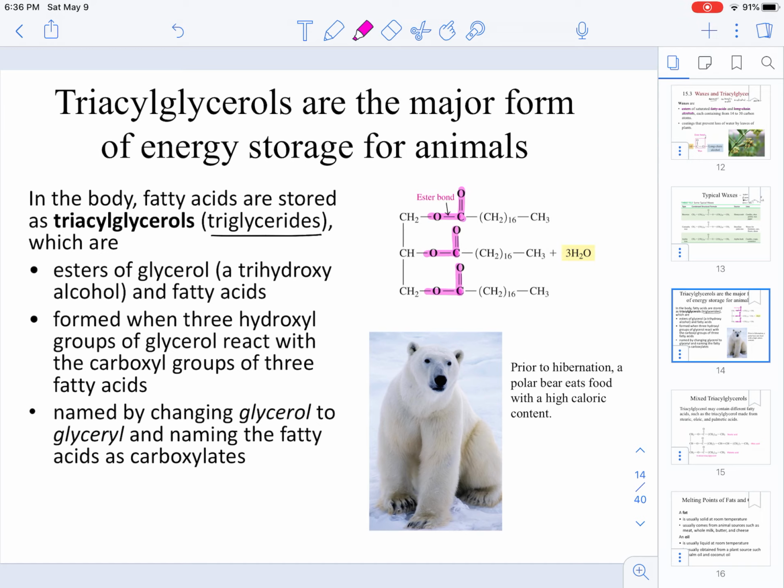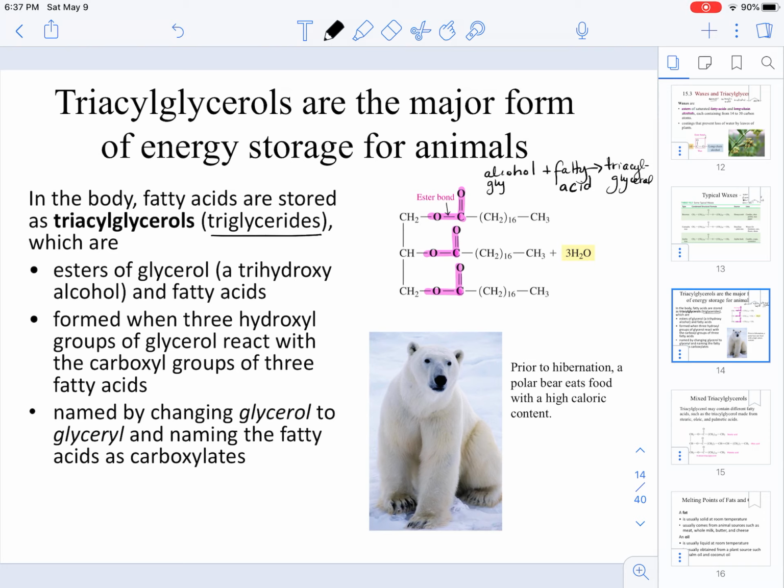Here we have an alcohol and a fatty acid making these ester bonds that are present in the triacylglycerols. Now, the alcohol molecule is actually a very particular one.